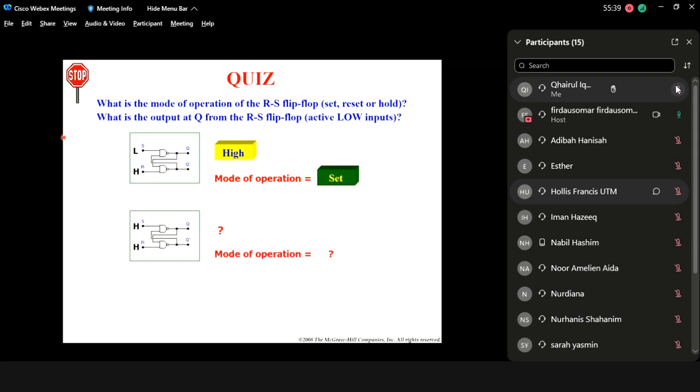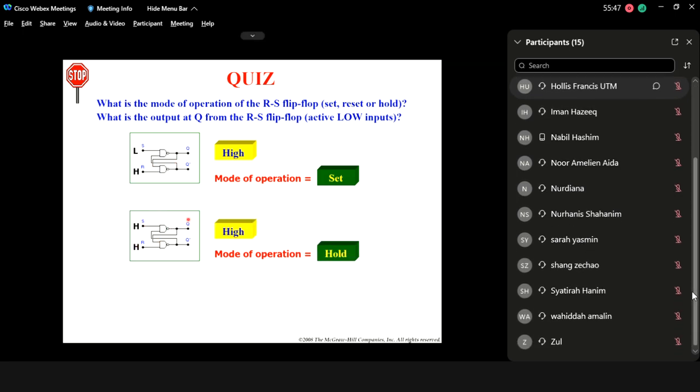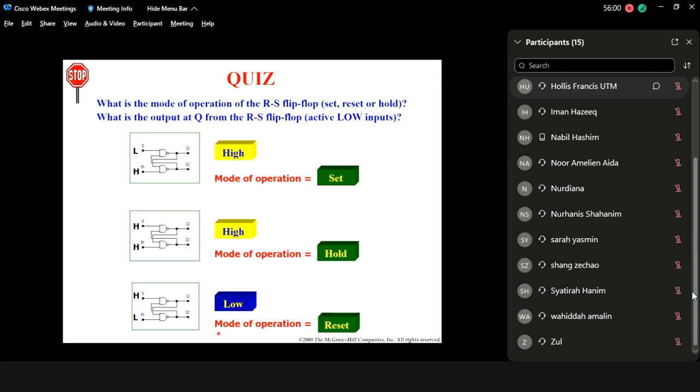So what happened when we give high? The operation is hold and the Q remains high because it holds the previous output. And then we make it high, low, and the operation will be reset and low.